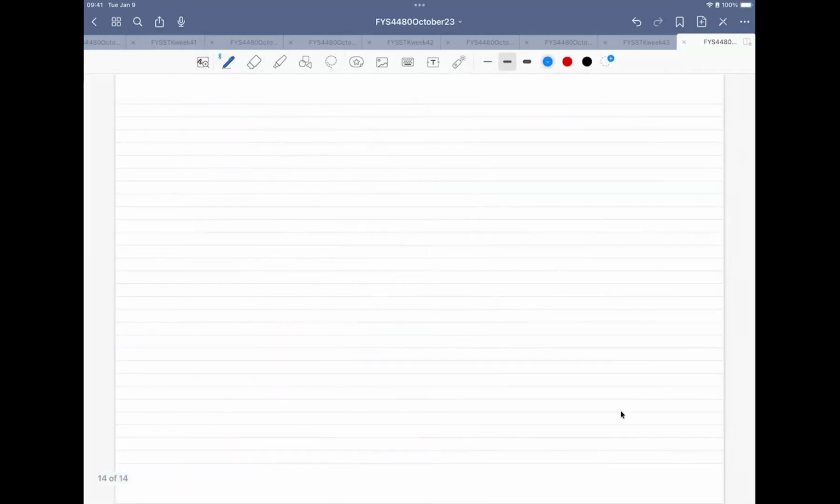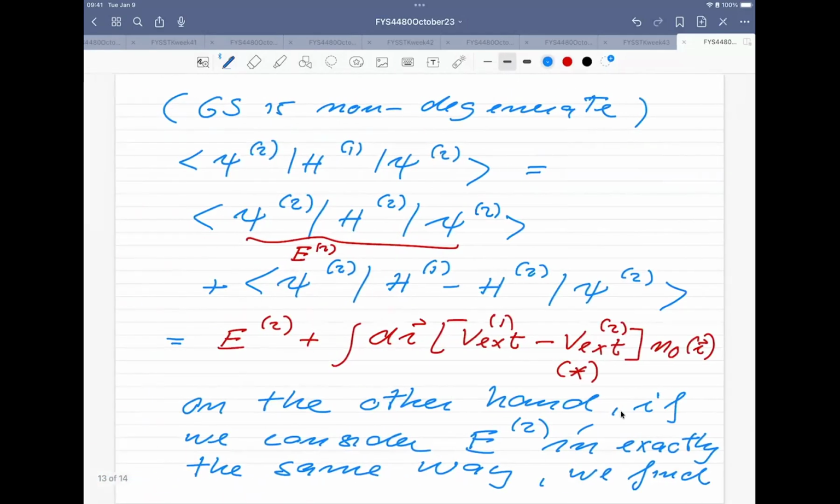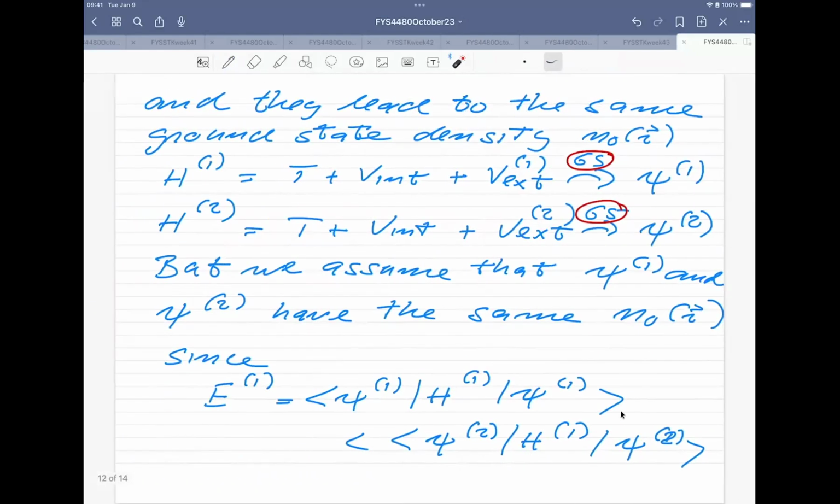If I do that, what we will find is that we have E of 2. So if you look at the equation which we have here now, this equation is smaller than E1, because you see here that what I did was to write out this one. So this is assumed to be smaller.